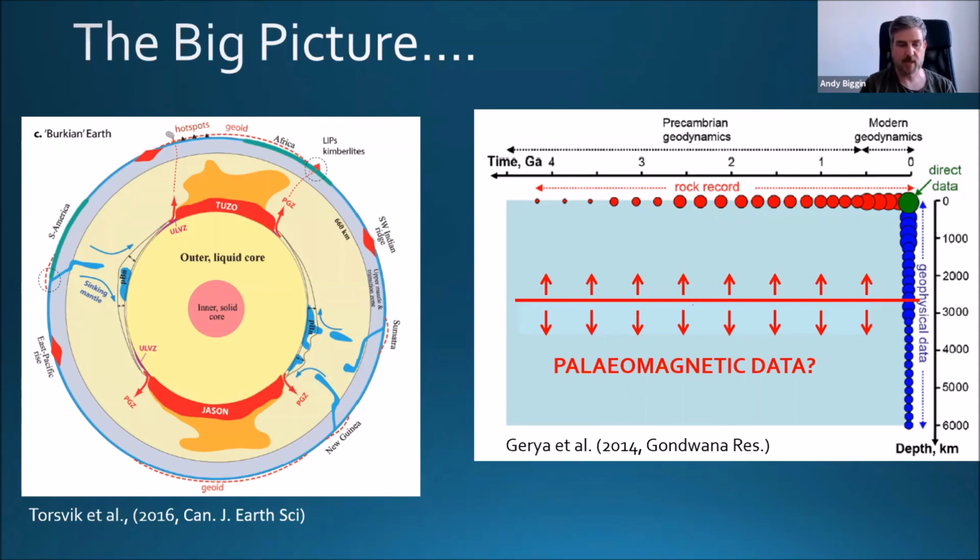That's going to tell you about what's going on in the liquid outer core, of course, where the main field is generated, but that's also influenced by the mantle sitting on top of it as well, as we'll discuss further.